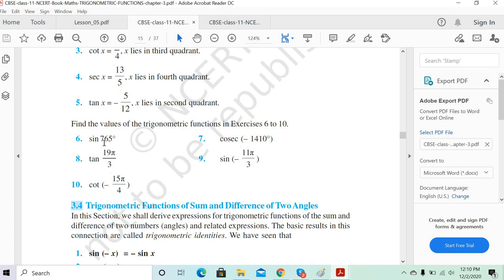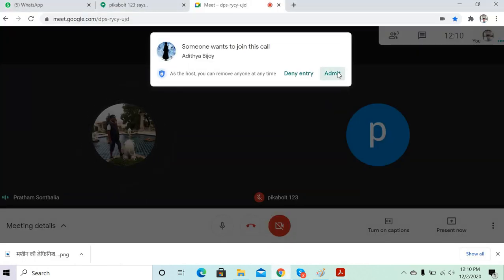As we did with 765, you try 1410 also: divide by 180 degree, put the quotient and the remainder, and the negative sign on the top. Understood? Just try it out. We'll see. Yes, sir.